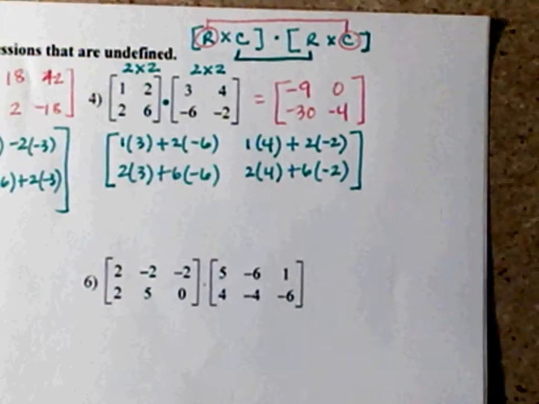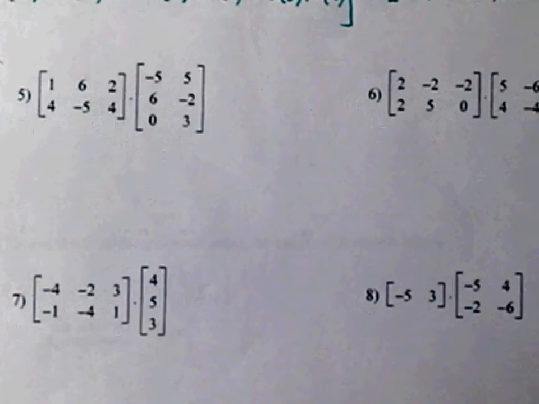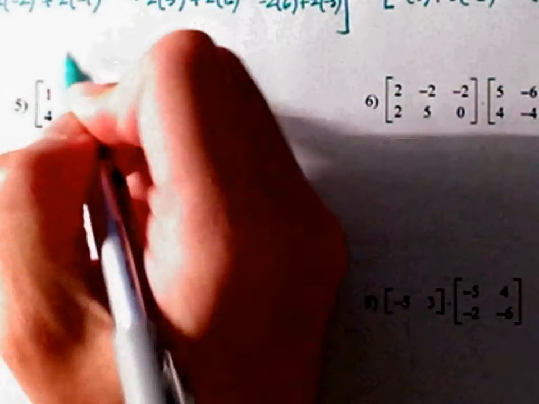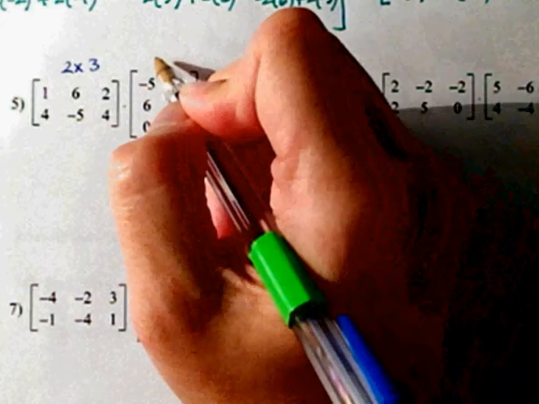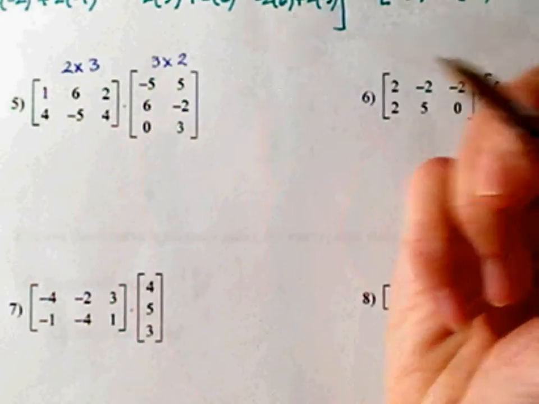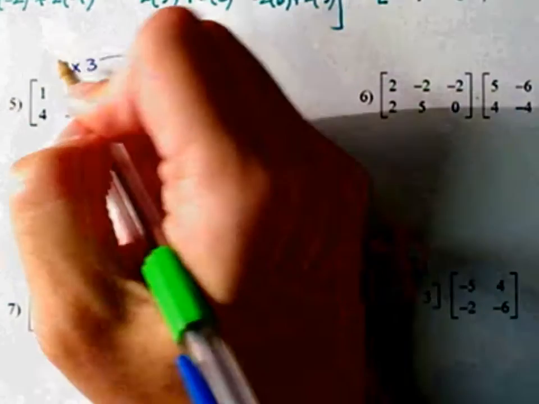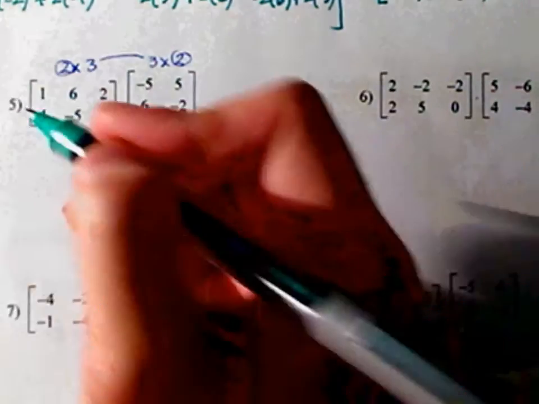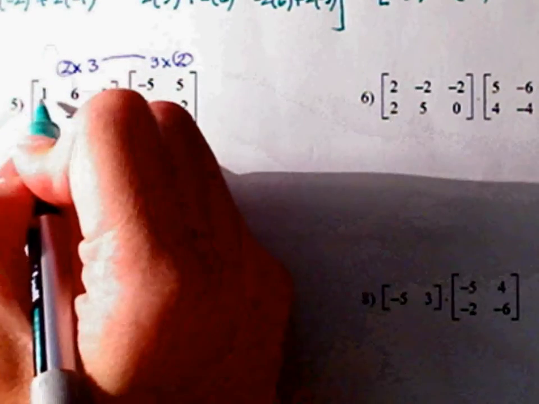Number 5. Okay, let's take a look at number 5. Number 5, you have a 2 by 3, and you have a 3 by 2. Notice how these two are alike, so you are able to multiply them, and your new dimension will be a 2 by 2. Let's show our work, okay? First row, first column.